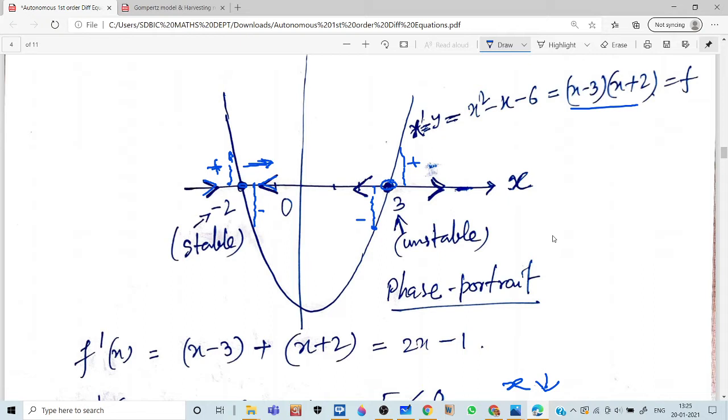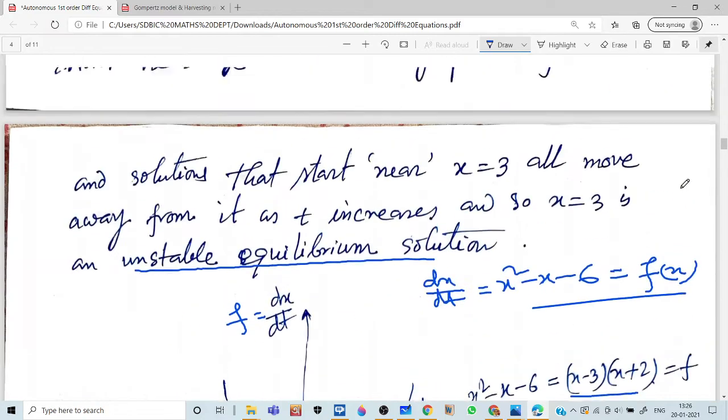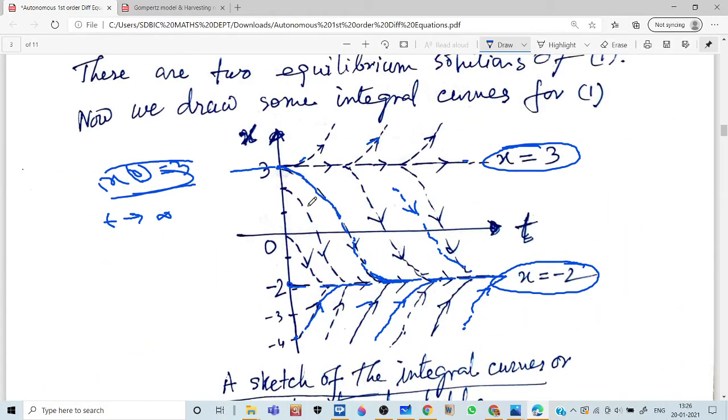So across 3, as x increases, f(x) changes sign from minus to plus, since the derivative f'(x) is positive, so x is monotonically increasing. So in this case it is unstable, and we put arrows away from the point 3. Actually in this figure, all solution trajectories are away from the line x equals 3.